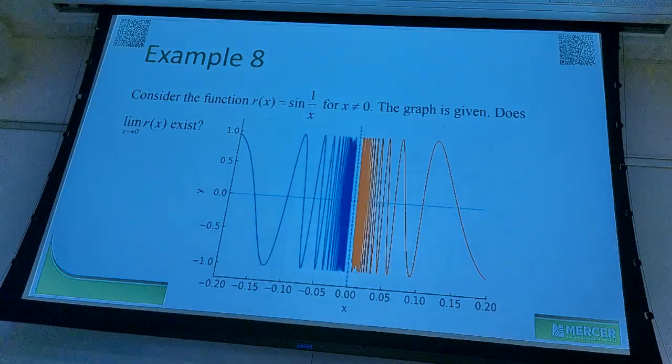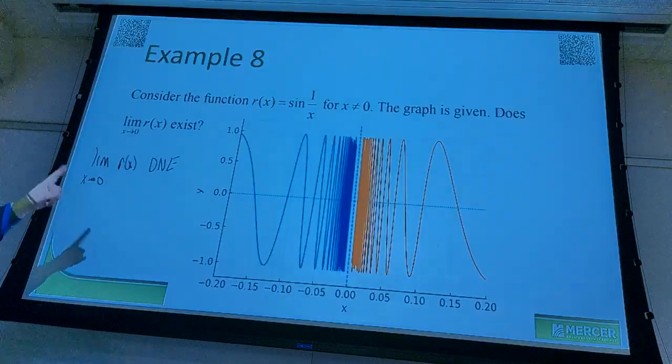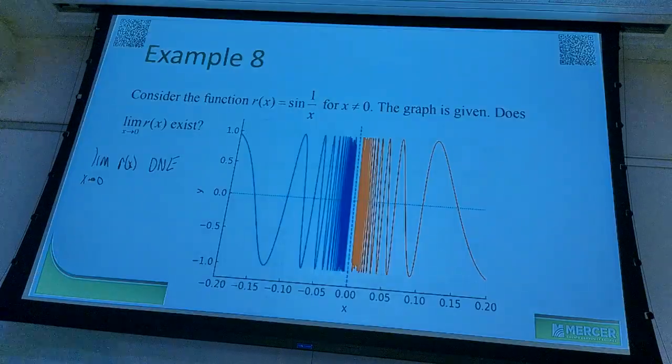What does this limit appear to be? 0. Here, this limit does not exist, because it keeps oscillating between positive and negative 1. And clearly at 0, the function itself is undefined.